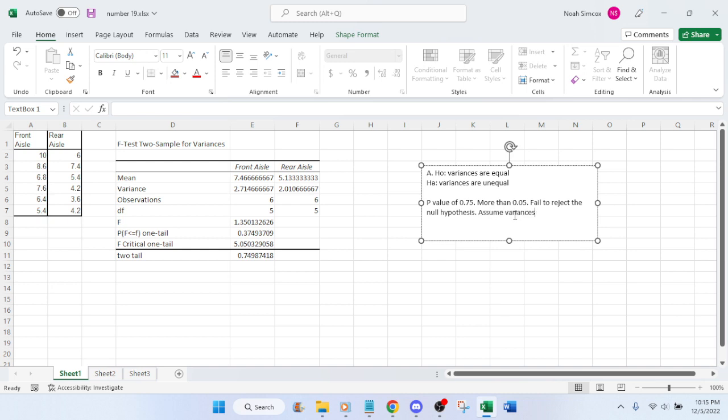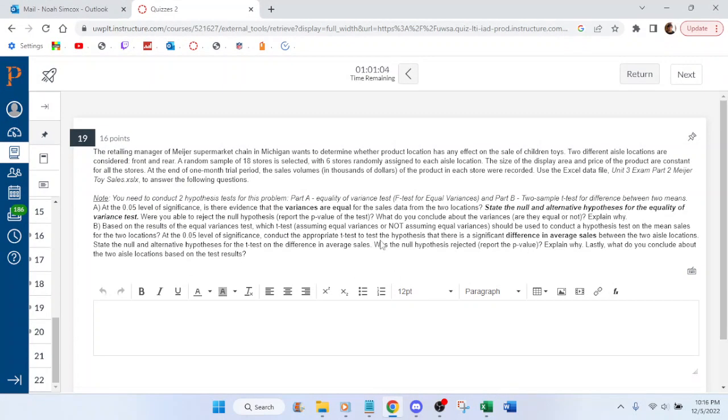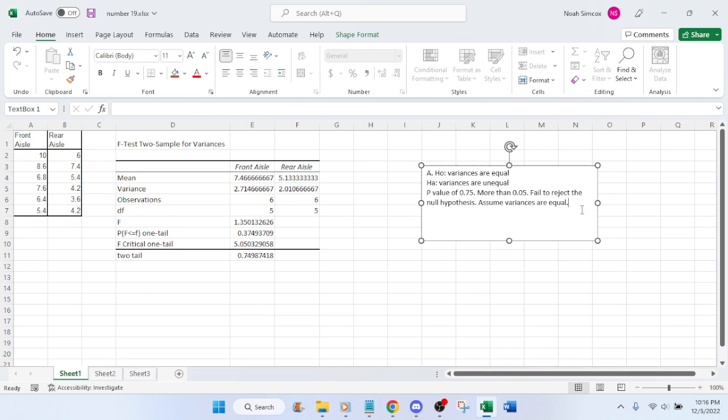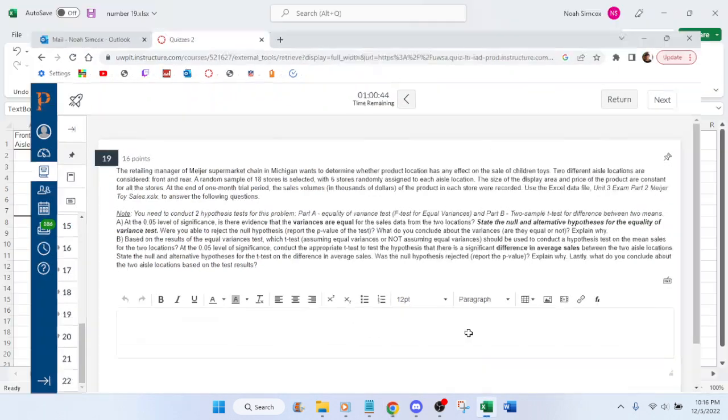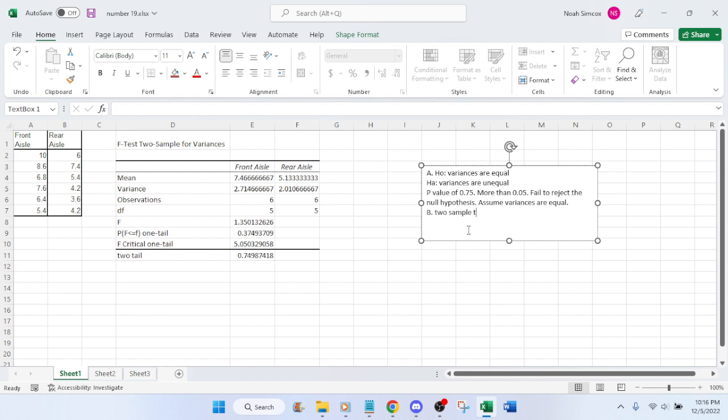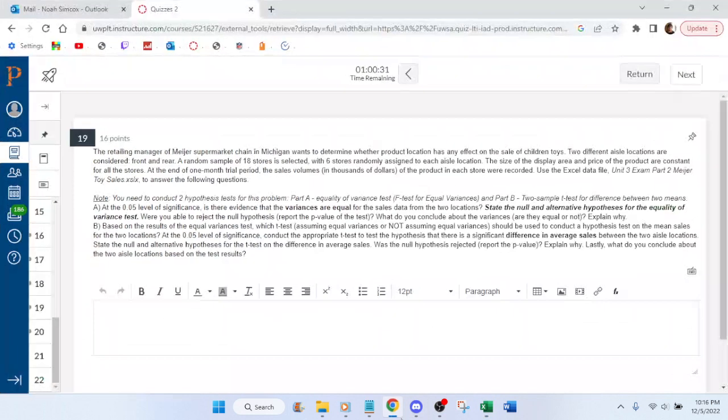Assume variances are equal. And then B is going to be, B, use the two-sample t-test, assuming equal variances. Difference in average sales.